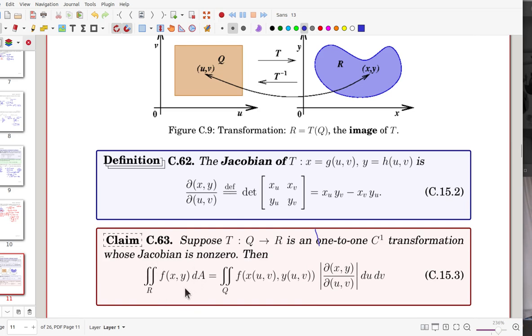Originally, you have to get the integral over R. Now, the integral is changed to over Q. That is a kind of scaling factor of the regions. That is this times larger than that one, and so you have to put this scale. That is the absolute value of this quantity. Okay.